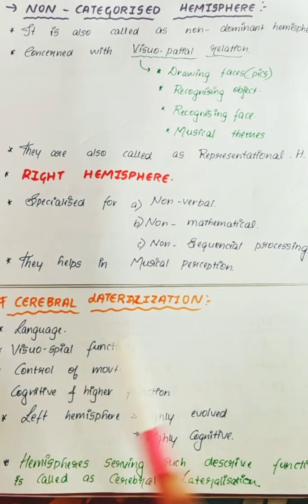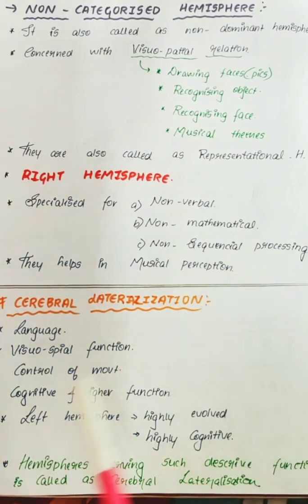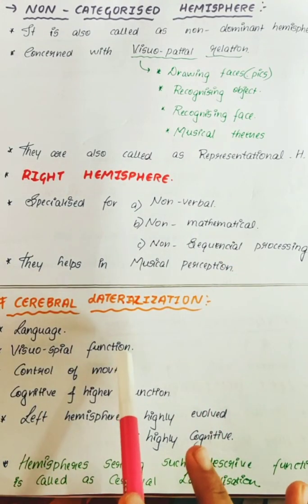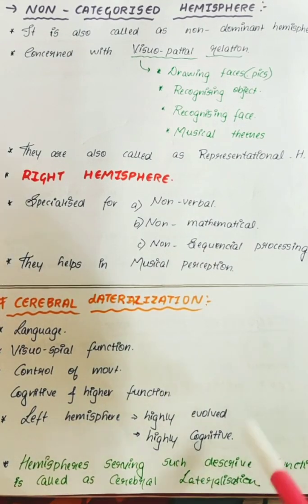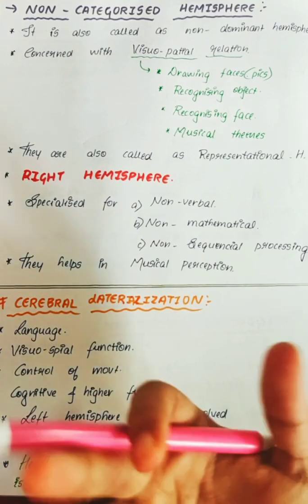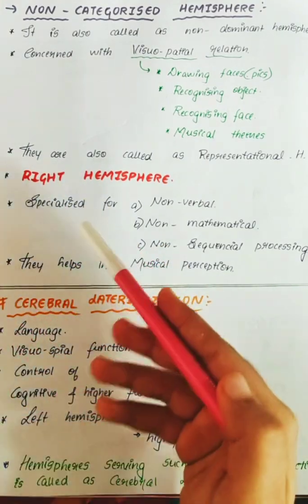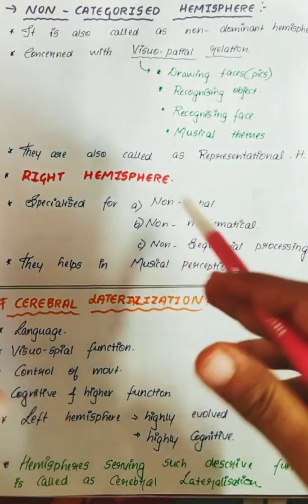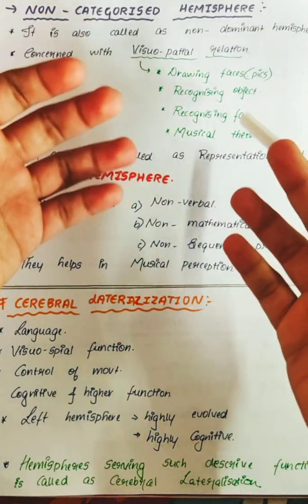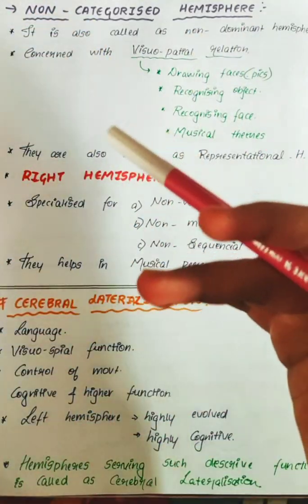The hemispheres serve different functions, called cerebral lateralization. The left hemisphere plays a very important role in speech, whereas the right hemisphere plays a very important role in visuospatial relationship. Structurally they might be the same, but the function of the two hemispheres is different.